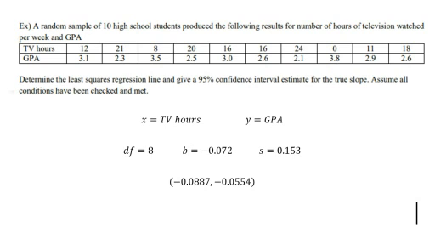Plug those into your confidence interval equation, and from there you should be able to find the slope, which is from negative 0.08807 to negative 0.0554. Because 0 is not included between those two, we would say that there is a suggestion of a linear relationship between these two pieces of data.